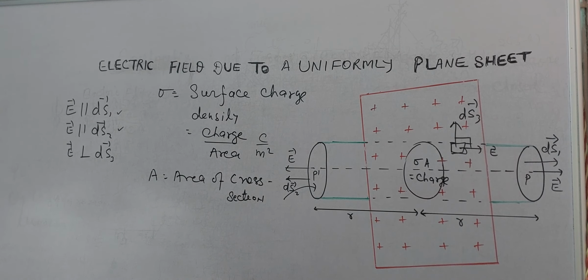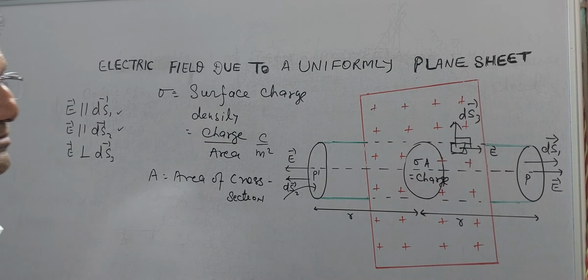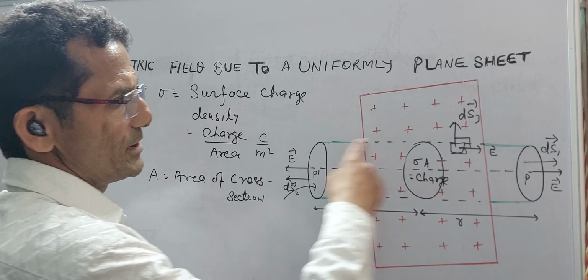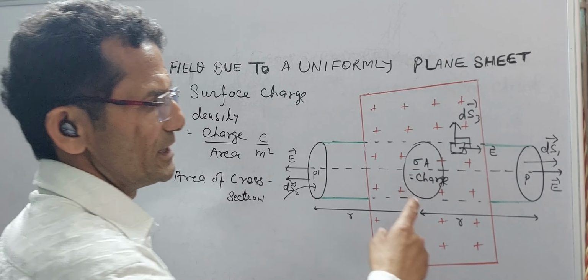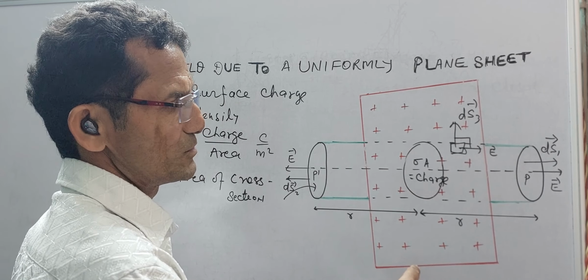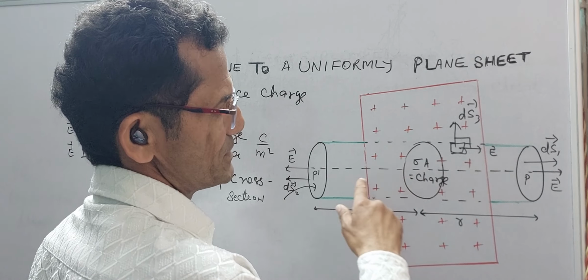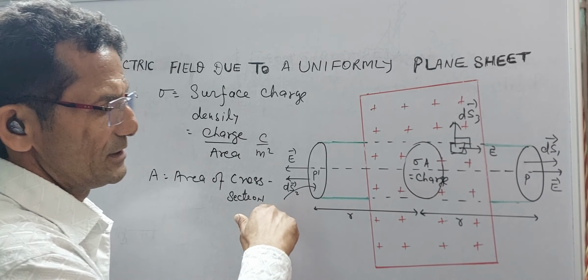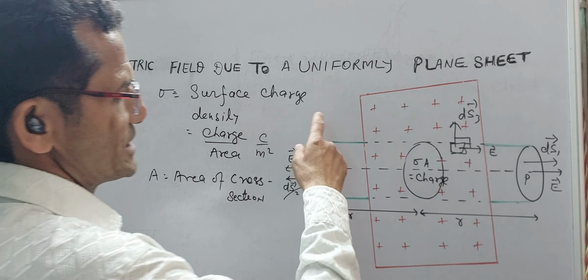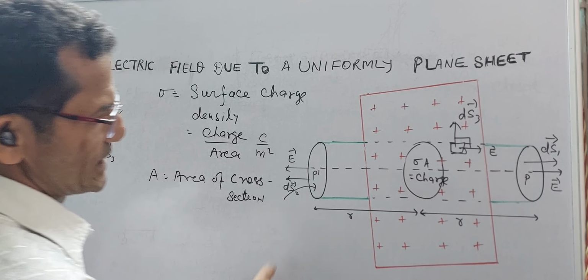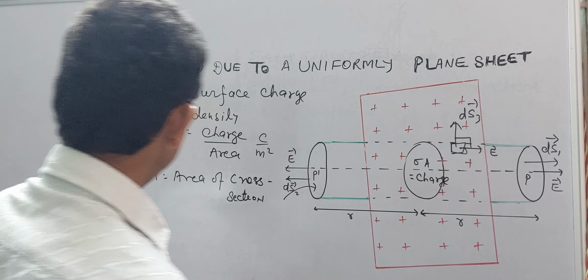There is no electric flux through the curved part, because the area vector is normal to this curved part, and the electric field is along the axis of this cylinder. So flux passes only through this plane surface and this plane surface.